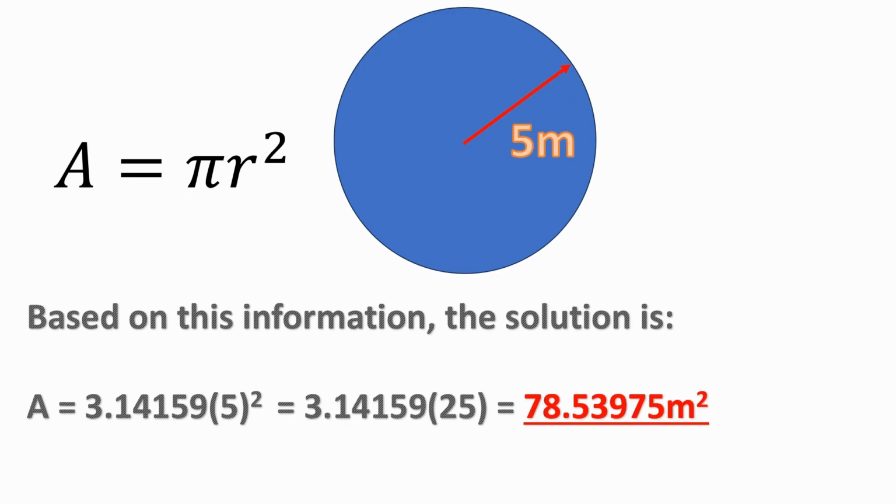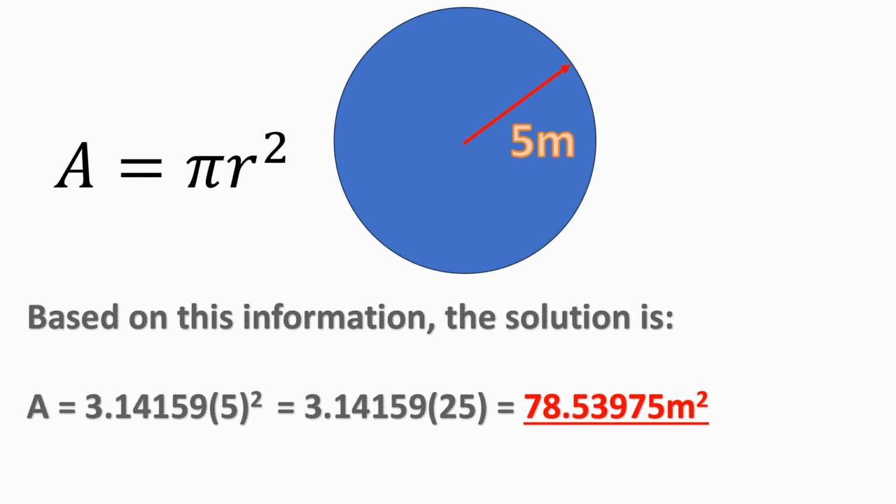So based on this information, the solution is: if you use 3.14159 for pi, you're going to multiply that by the square of 5, because the radius is 5. 5 squared is 25. 5 squared is the same as 5 times 5.